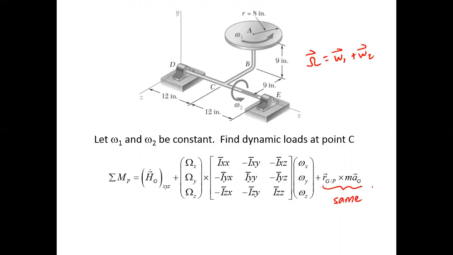Doesn't change at all. My inertial tensor is still, fortunately, the same, because once I put this guy up with a y prime, a z prime, and an x prime, even now that I'm rotating around with the omega 1 as well, I still have the same inertial tensor.